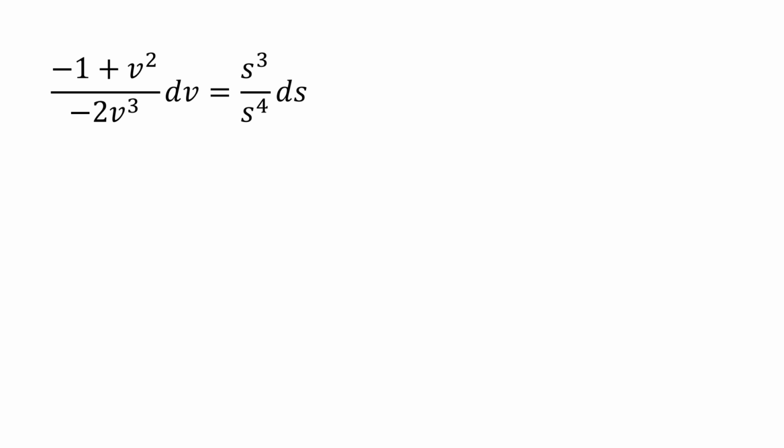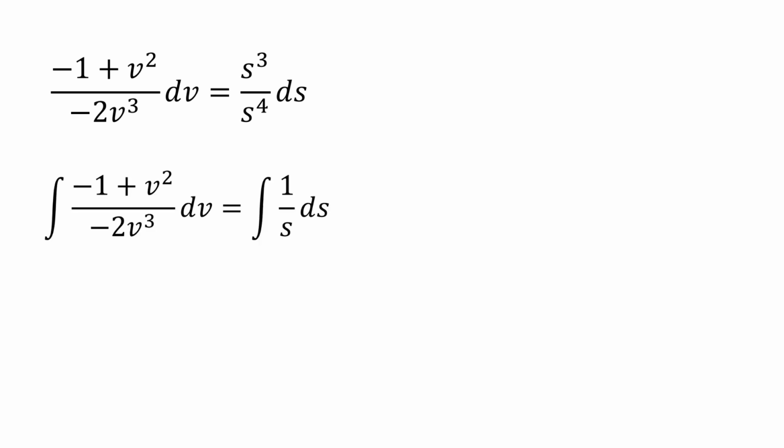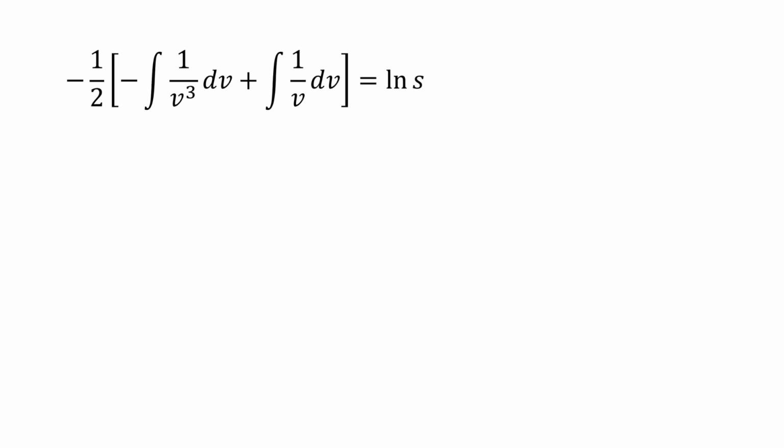Also, we are going to integrate them separately. Take note that we can rewrite negative 1 plus v squared all over negative 2v cubed dv in this form. And the integral of 1 over s ds is simply ln s.